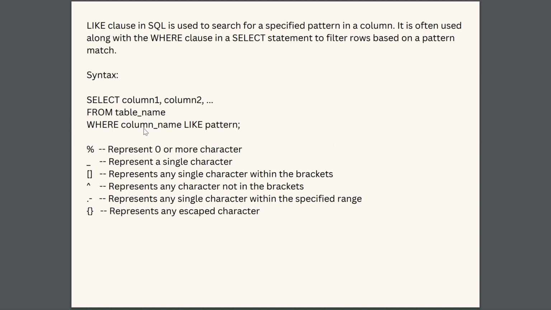That is, like is commonly used for filtering, so we specify in the where clause the condition column name like pattern. And I have already created a video on the like clause, where we use different patterns to filter data. I will provide that in the description, and if you want to know more about the like clause and what each pattern does, please go and watch that video.